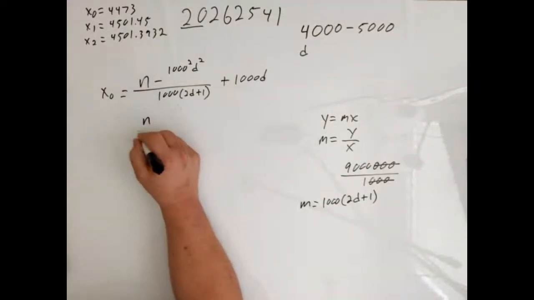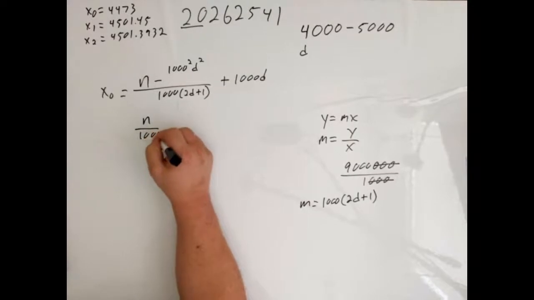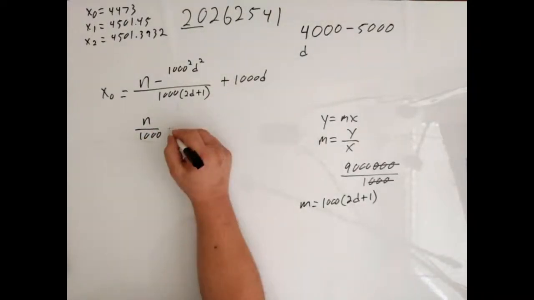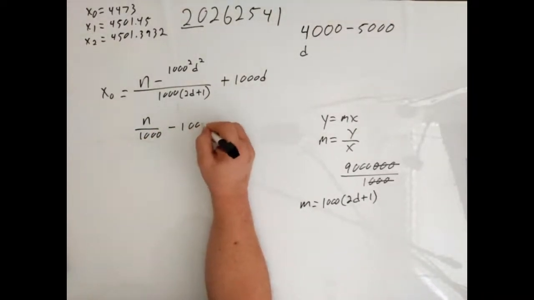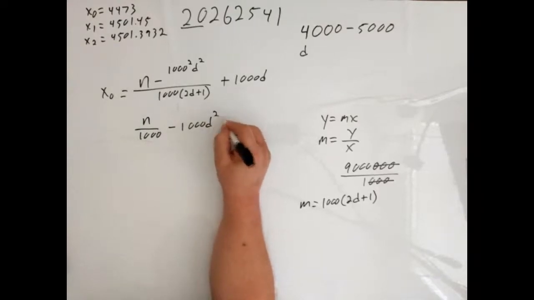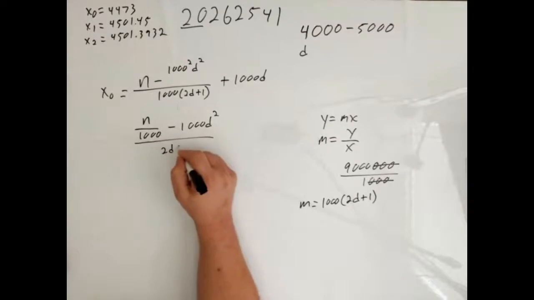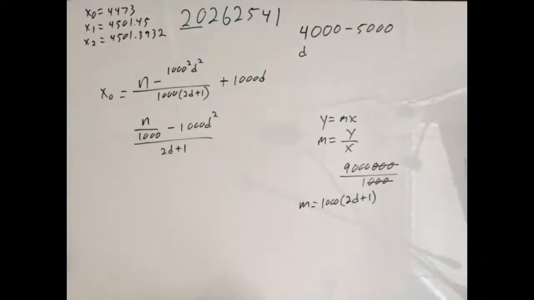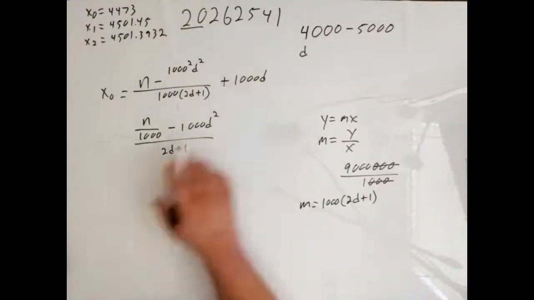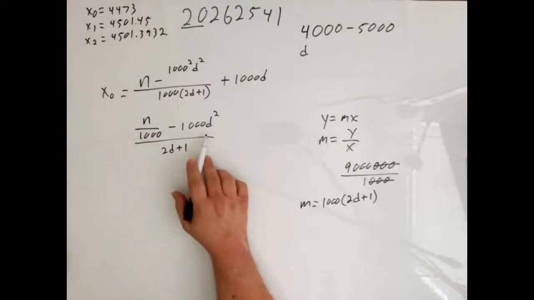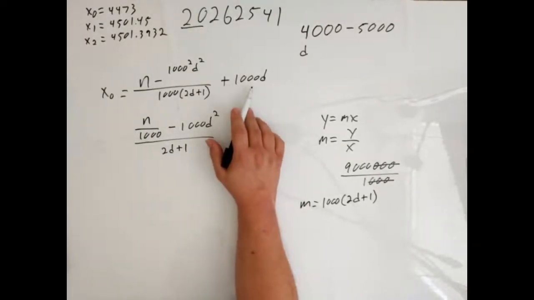So if we divide this out, it's going to be n divided by 1,000 minus 1,000d squared over 2d plus 1. Now, in order to bring this up into this part of the equation, we need to multiply this by 2d plus 1 over 2d plus 1.